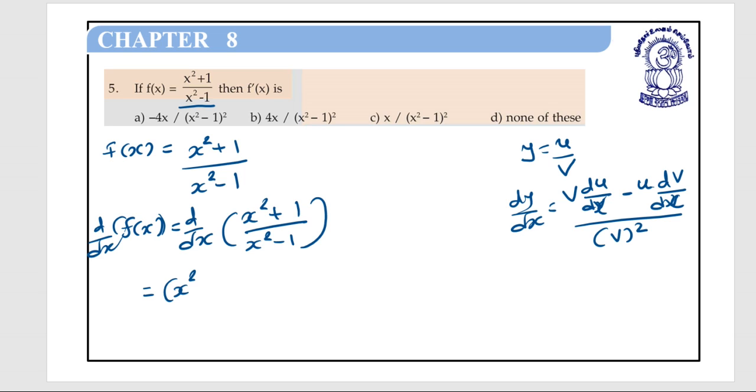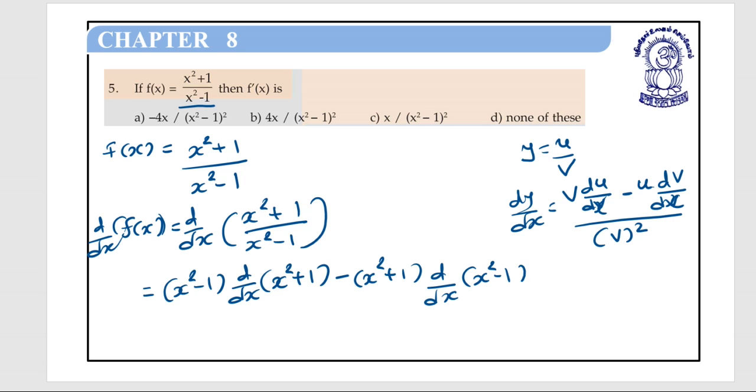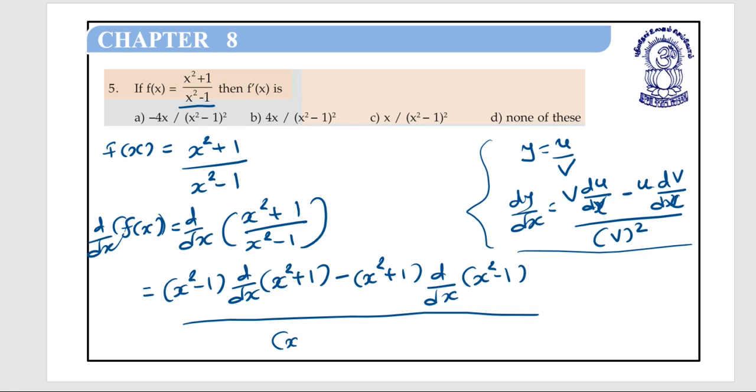So here x square minus 1 d by dx of x square plus 1, minus x square plus 1 as it is, d by dx of x square minus 1, upon x square minus 1 whole square.